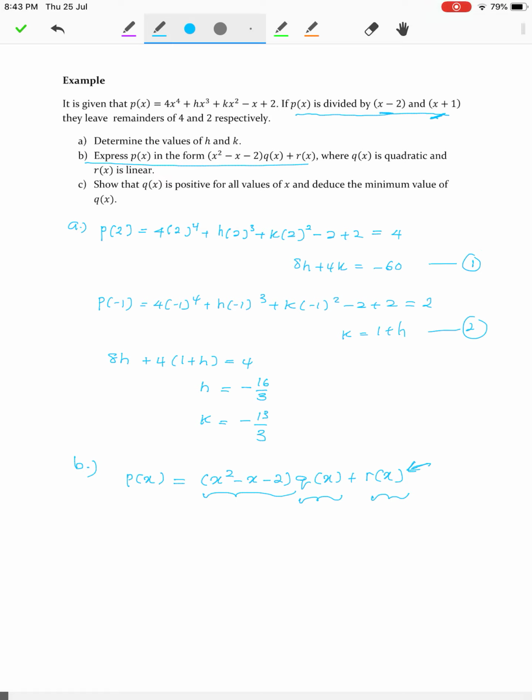So let's see how we do the long division. I'm going to write down x^2 - x - 2. The polynomial p is 4x^4 - 16/3 x^3 - 13/3 x^2 - x + 2.